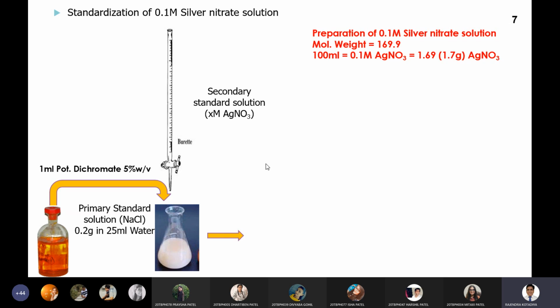The white color you can see in the conical flask will be such precipitate, when we start titrating our NaCl solution containing indicator with AgNO3.